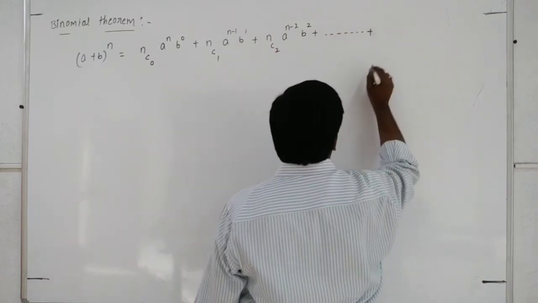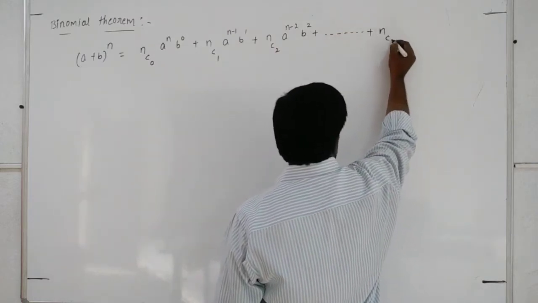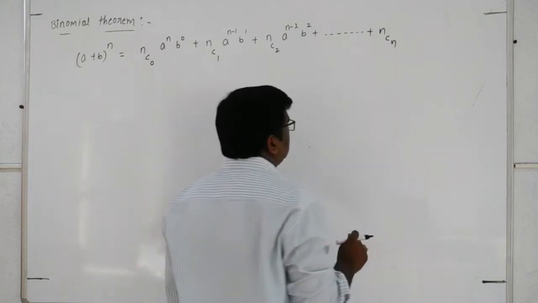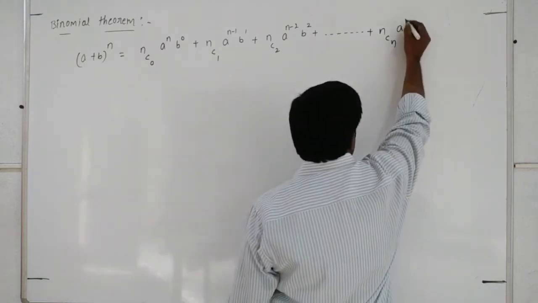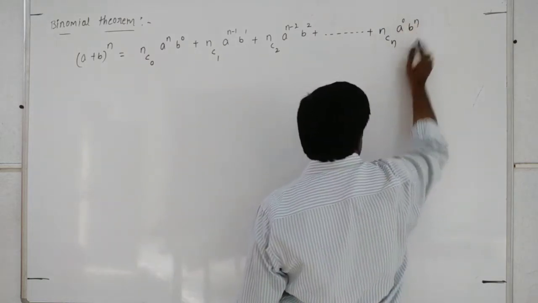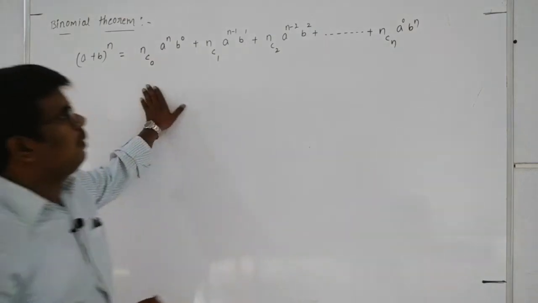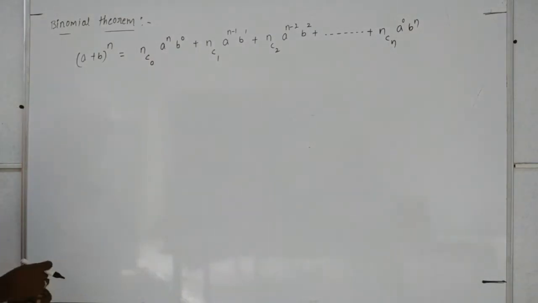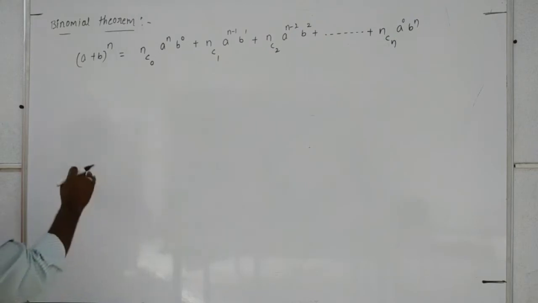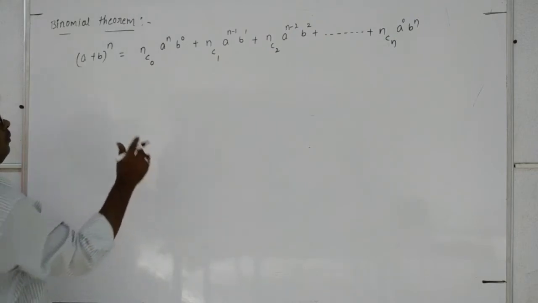We can write like this: nCn a power n minus n, which means 0, b power n. So this is the expansion you have. In this, I am recollecting the points that you know.